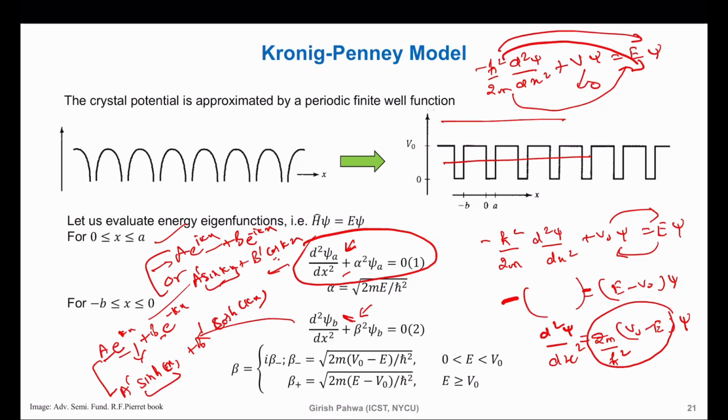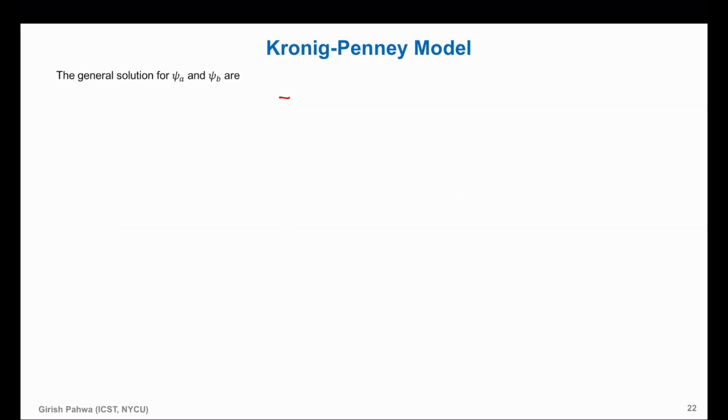Okay. So psi A is A_A sin alpha x plus B_A cos alpha x. Yes. Instead of k square we have alpha square, so that's why alpha. And psi B will be A_B sin beta x plus B_B cos beta x.